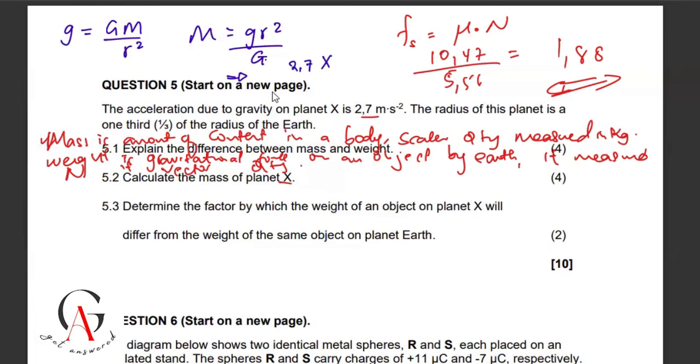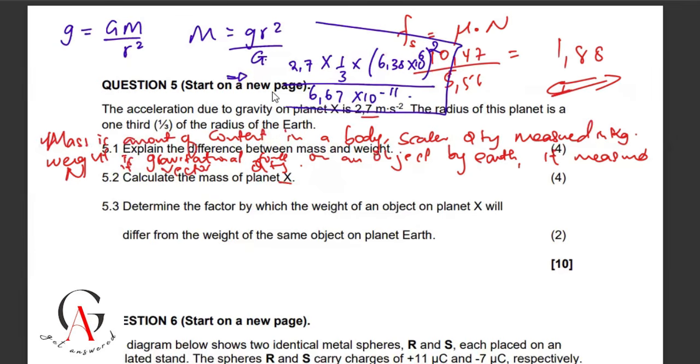And then the radius, they told us it's a third of the radius of the Earth, which means it's 1/3 multiplied by 6.38 multiplied by 10 to the exponent of 6, but this must be squared. And then we are dividing it by the constant 6.67 times 10 to the negative 11.